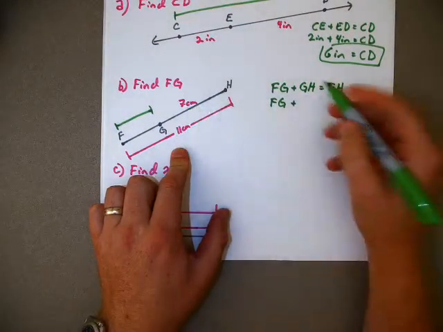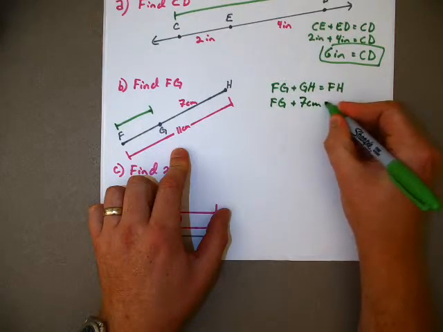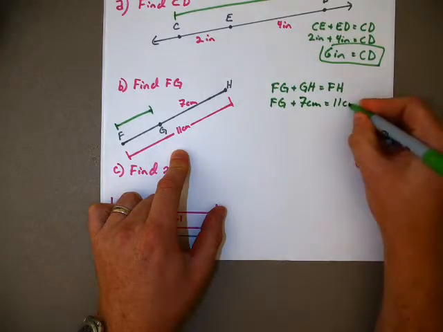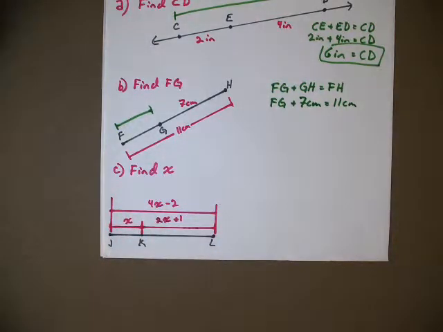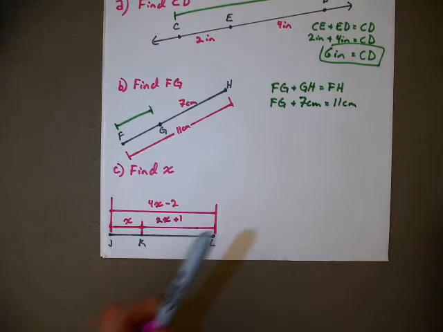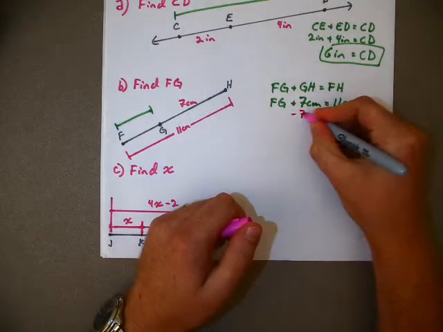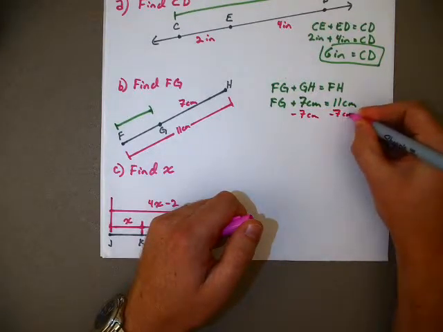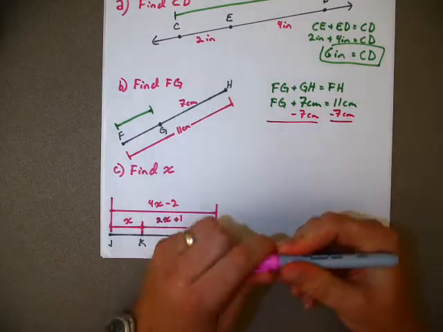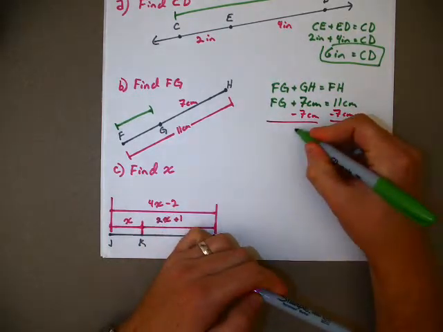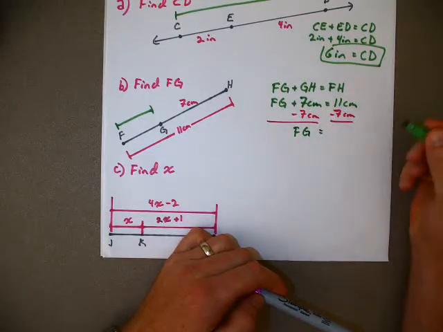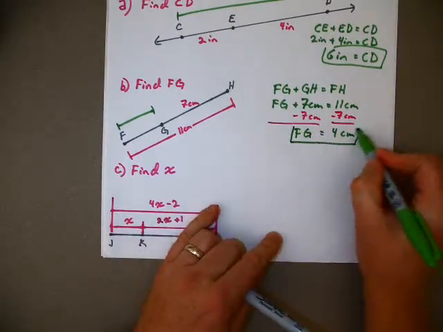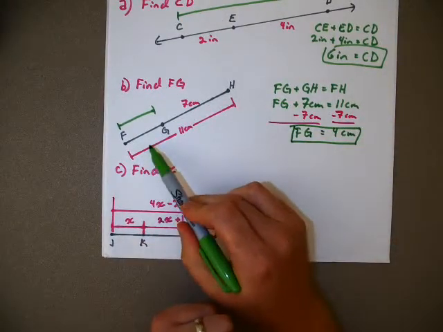GH tells us that it's 7 centimeters, and FH is 11 centimeters. So all we have to do is a little subtracting. I'm going to subtract 7 from both sides, and this tells me that FG is 4 centimeters long. So if they give you the whole and they're looking for part of it, you just subtract.